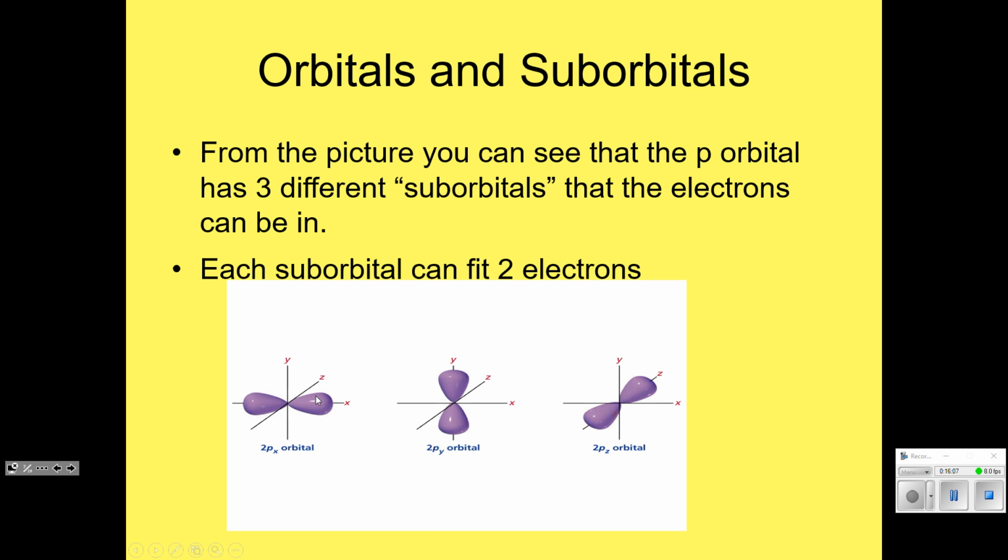So let's put the number 1 next to the S. If 2 electrons maximum can fit into each suborbital, how many total electrons can fit into the S? 2.